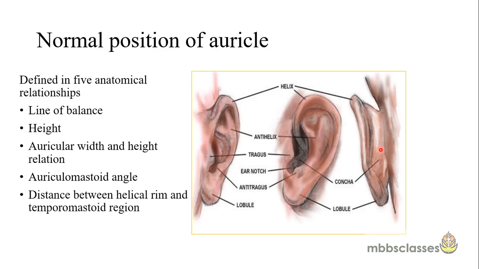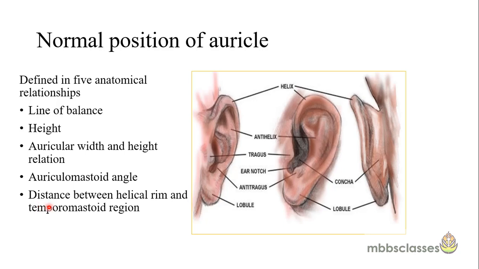When we examine the patient, the angle between the auricle and the mastoid in a normal ear is usually between 15 and 30 degrees. If this angle is more than 30 degrees, then it is known as a protruded ear.